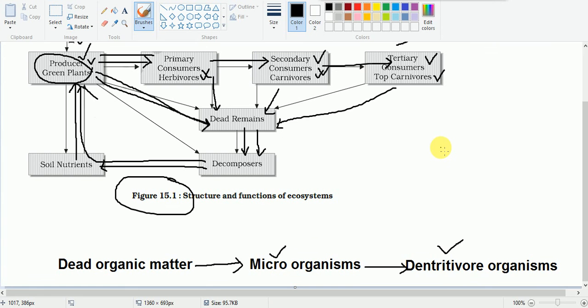Then we can give some more examples of this detritus food chain.